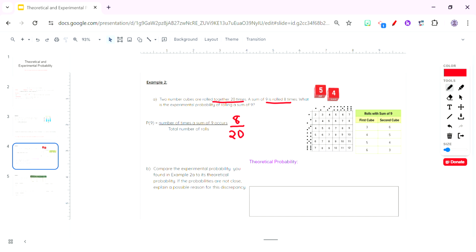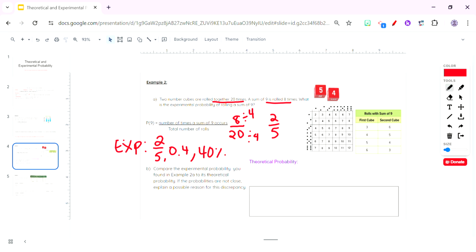Okay, if you want to simplify this, you could divide each by 4, and you would get 2/5. Okay, so your experimental probability is 2/5, or 0.4 if you divide 2 divided by 5, or 40% if you move the decimal 2 places to the right. Okay, that's your experimental probability.